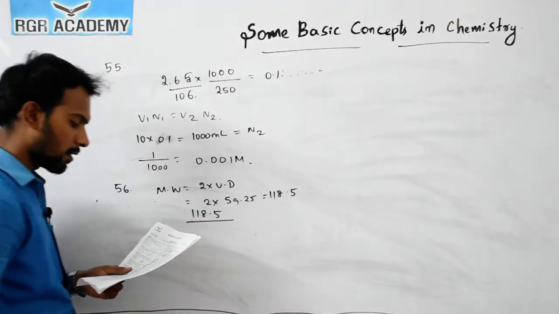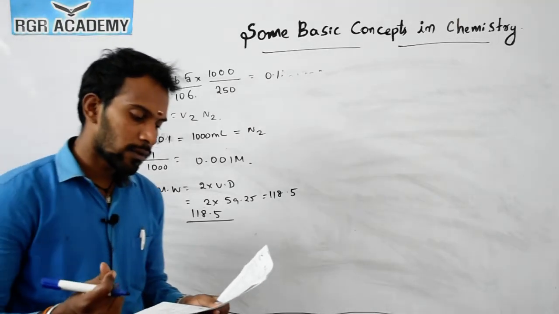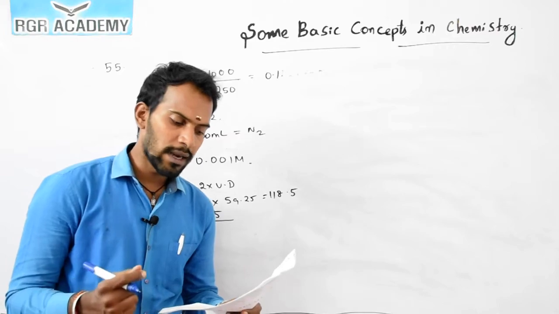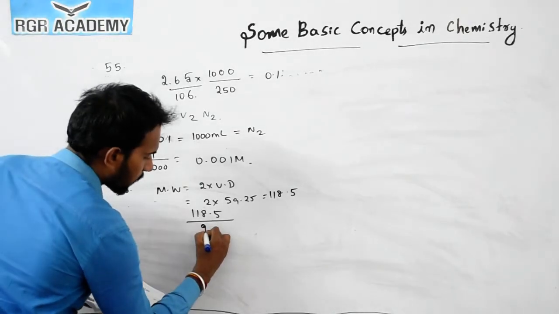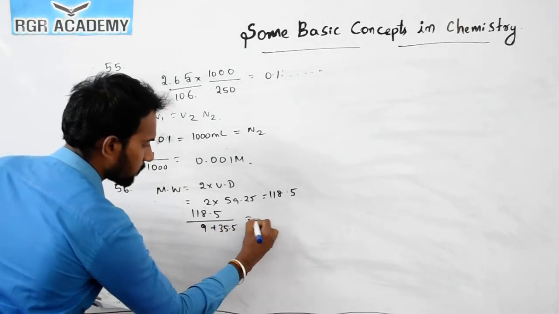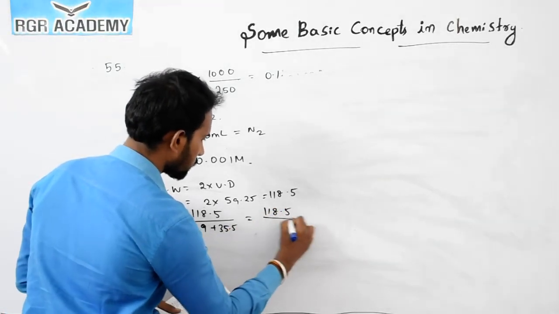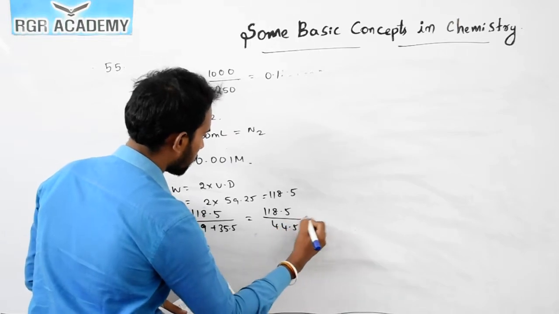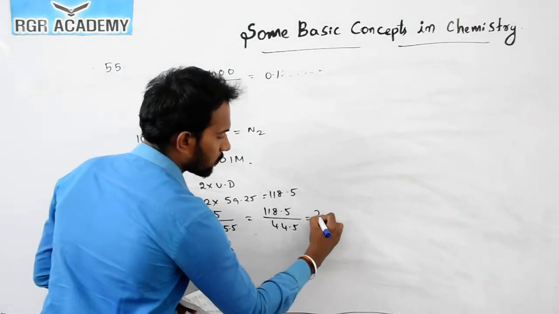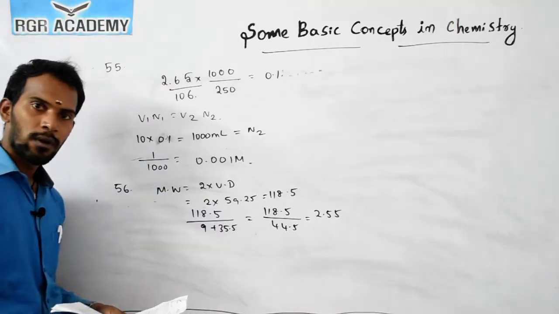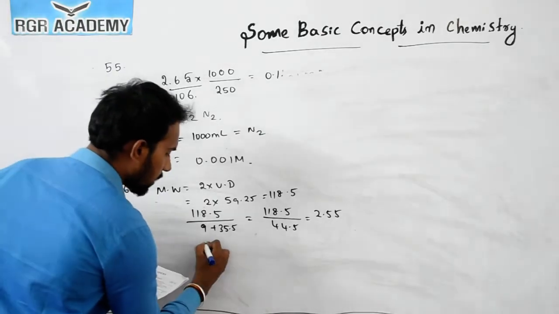Now see this one. 118.5 is the molecular weight, divided by the equivalent weight of the metal plus the equivalent weight of chlorine. Metal chloride, right? So equivalent weight 9 plus 35.5, add these values: 44.5. 118.5 divided by 44.5, you will get the value 2.66, which is the valency.